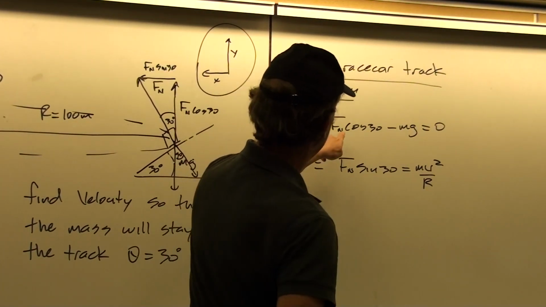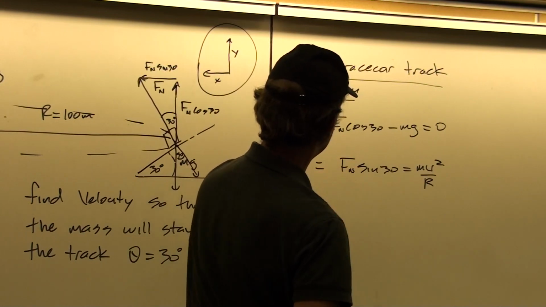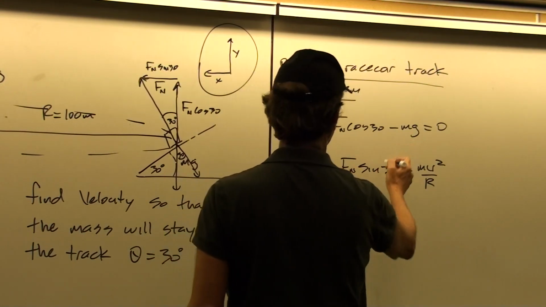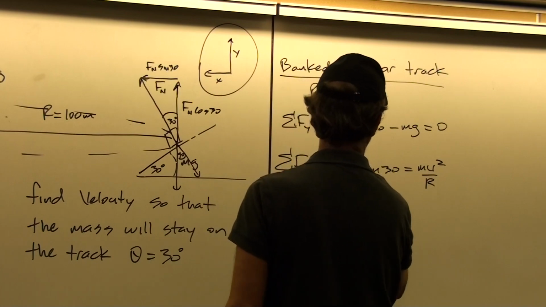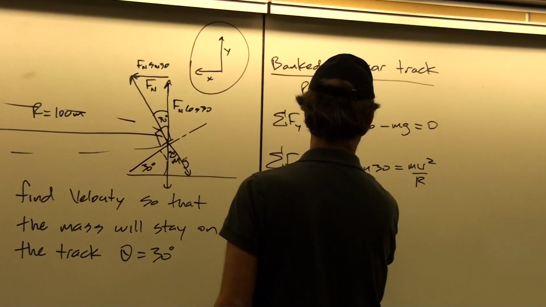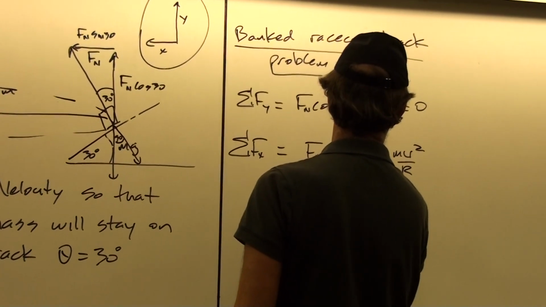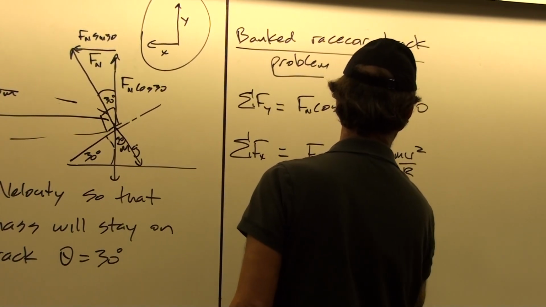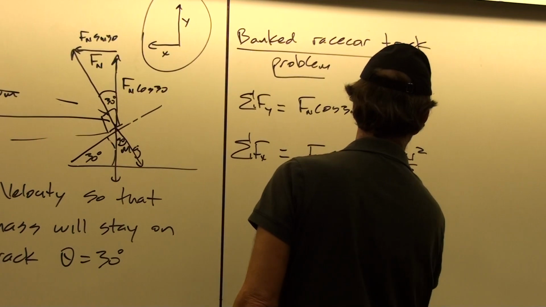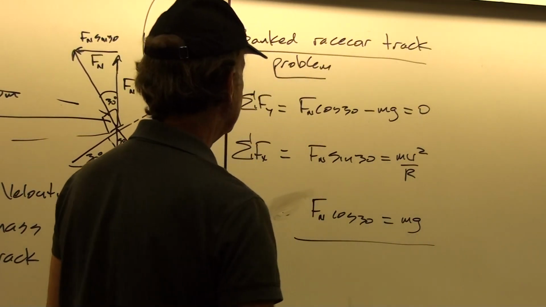And we can solve this for the normal force and plug into that equation. Or we can just, here if we write this as F normal sine 30 is mv squared over r, and we write this one as F normal cosine 30 equals mg, we can just divide the two equations.